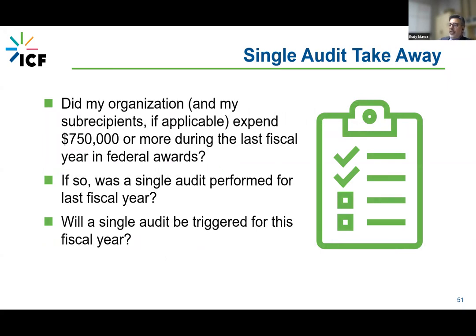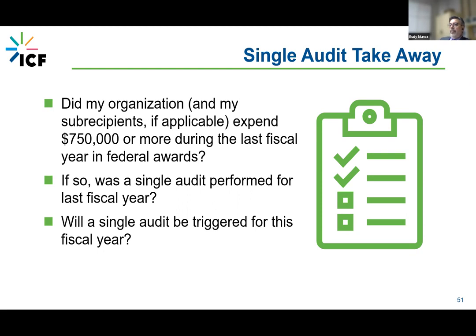And it's a short session. It was one slide. So we have a quick takeaway. So the single audit takeaway, when we're addressing single audits, we need to ask ourselves, did my organization or my subrecipients expend $750,000 or more during the last fiscal year in federal awards?